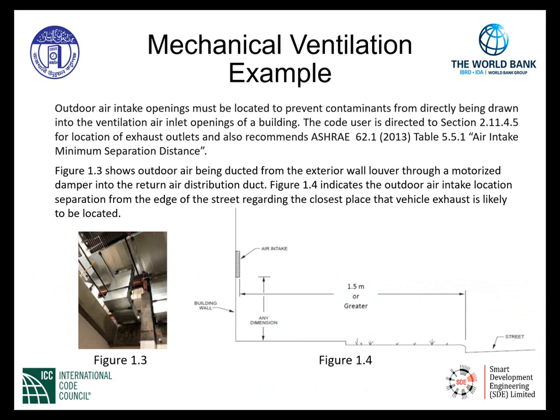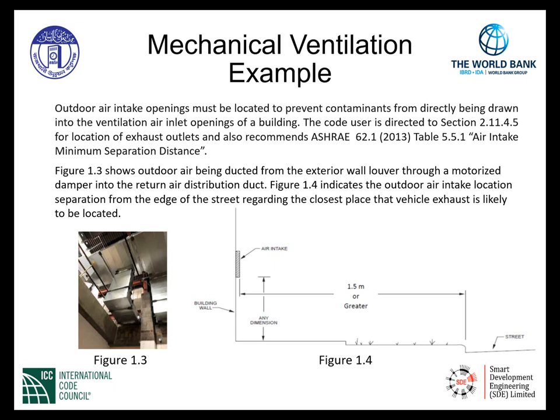The last important feature that the designer and inspector must be aware of is that the outdoor air intake openings must be located to prevent contaminants from being drawn back into the building through the ventilation air inlet openings of the building.